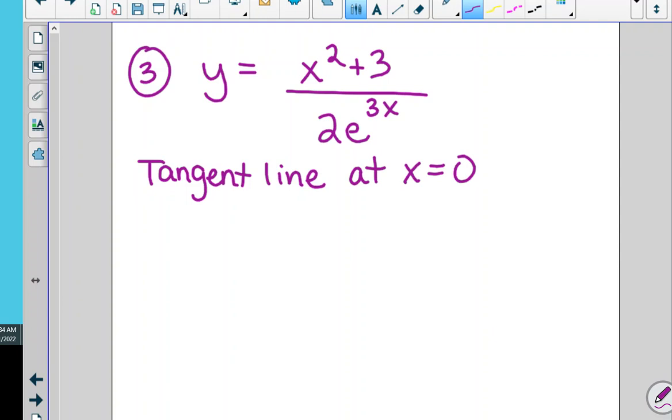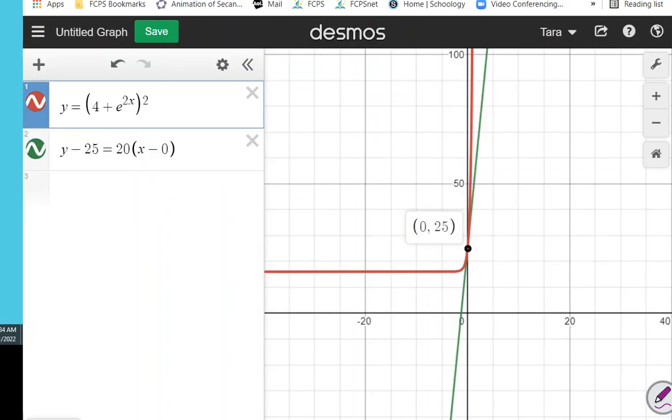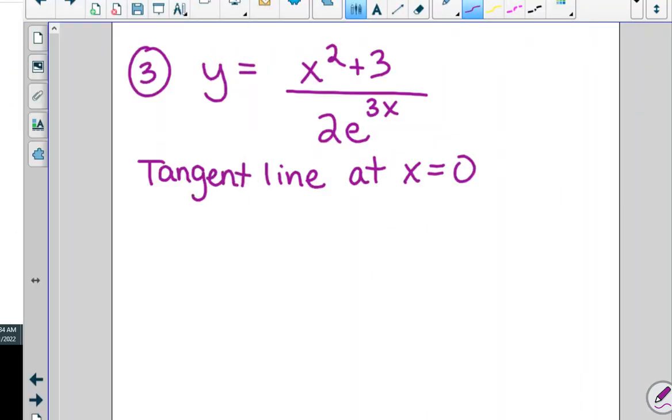Tangent line at x equals 0. Should have changed that second problem. Well, that's okay.